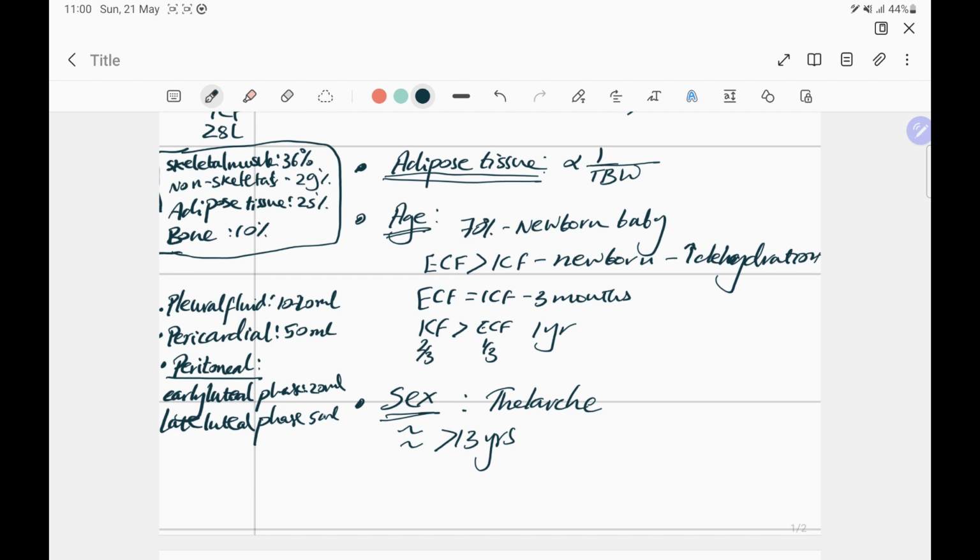So this was in females. In males, it's almost zero. There's hardly any fluid in the peritoneal cavity. You should be aware of that. And this is part of the transcellular fluid.